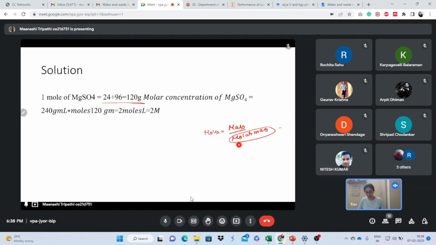So you got 120. Second, mass is already given, 240 grams per liter. This 120 is in grams per mole. So what is the molarity now? 240 divided by 120 means 2 molar. So this is 2 molar.